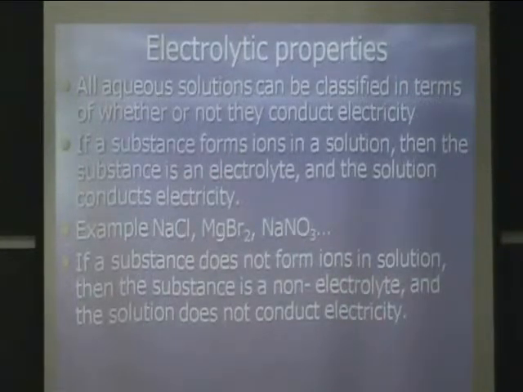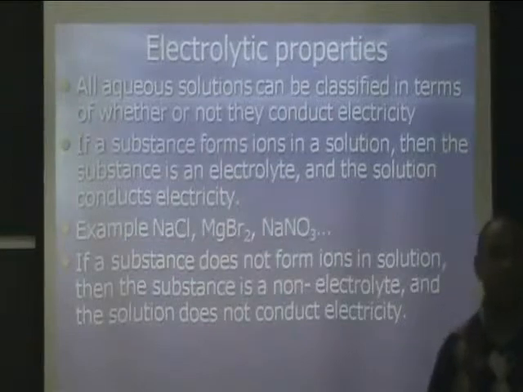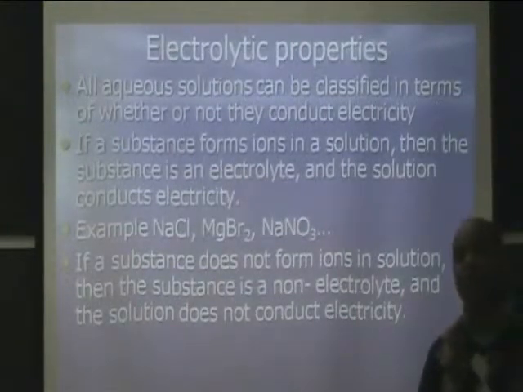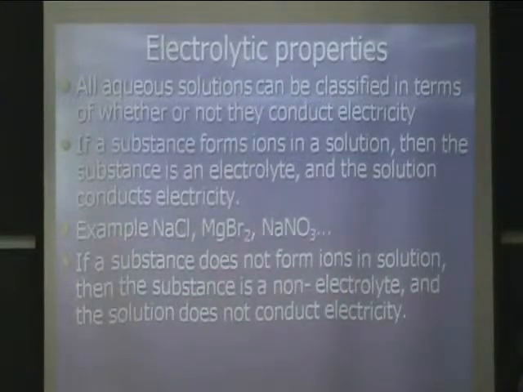A non-electrolyte doesn't dissociate. Be careful, it dissolves, but it doesn't dissociate to form ions. And that is tricky. Sugar dissolves in water, but it doesn't form ions. Since they don't form ions, they cannot be classified as electrolytes.